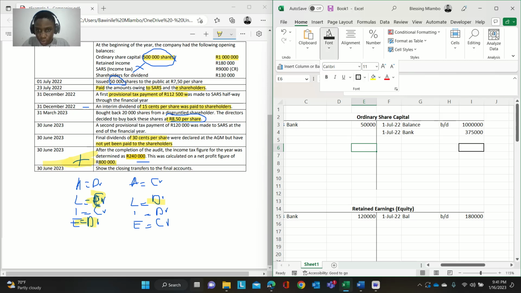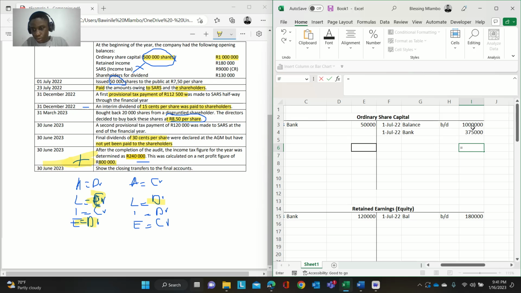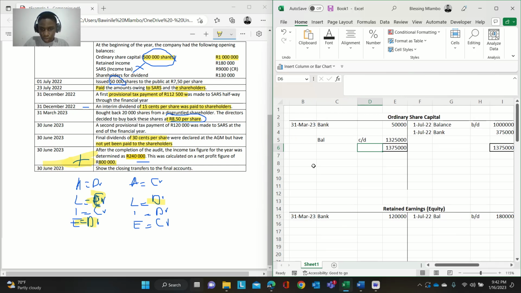Between the two, this side will be bigger, so I'm summing all these values and taking the same figure, and then I take this figure and subtract this one, and then I have this account. So this will be my balance carried down on the 30th of June 2023.